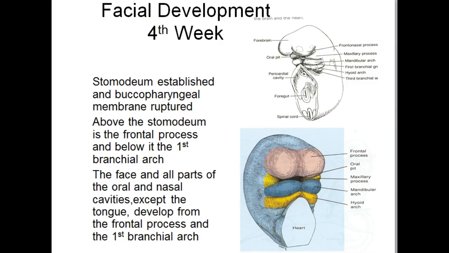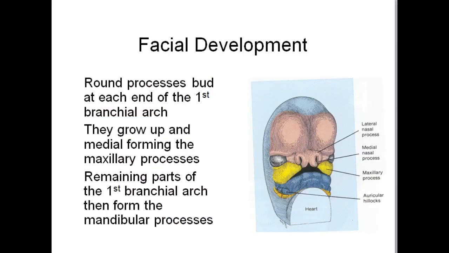The face and all parts of the oral and nasal cavities, except the tongue, develop from the frontal process and the first branchial arch. At each end of the first branchial arch, round buds develop. They grow up and medial, forming the maxillary processes. The remaining parts of the first branchial arch then form the mandibular process.